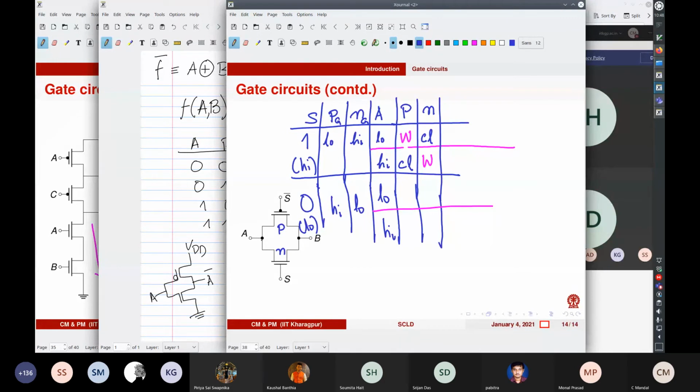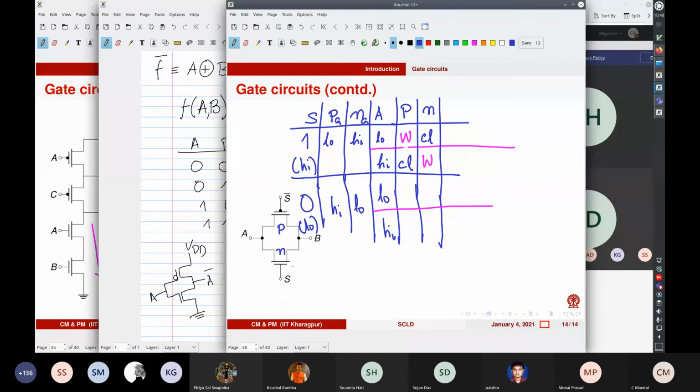So you can see that when A is low, and if this is high, then there is no benefit really.